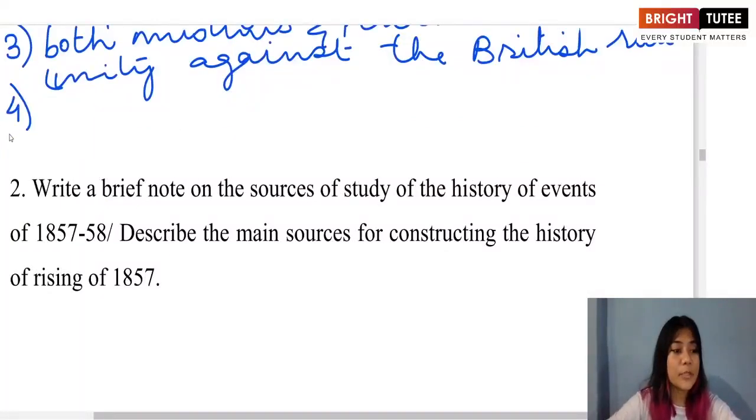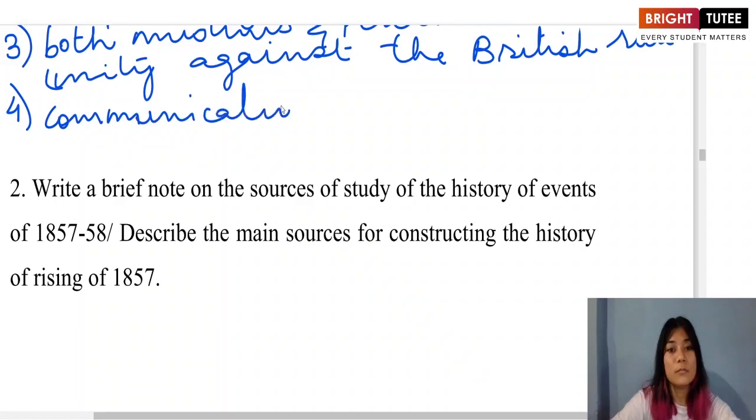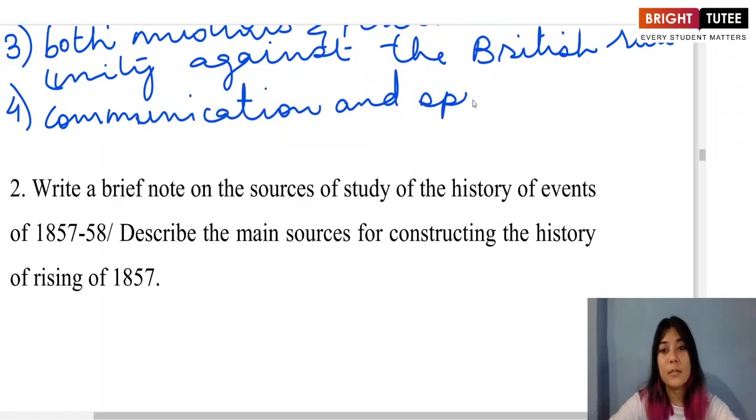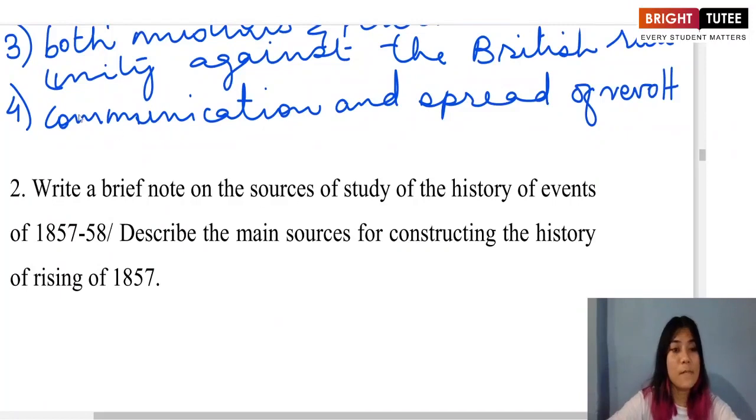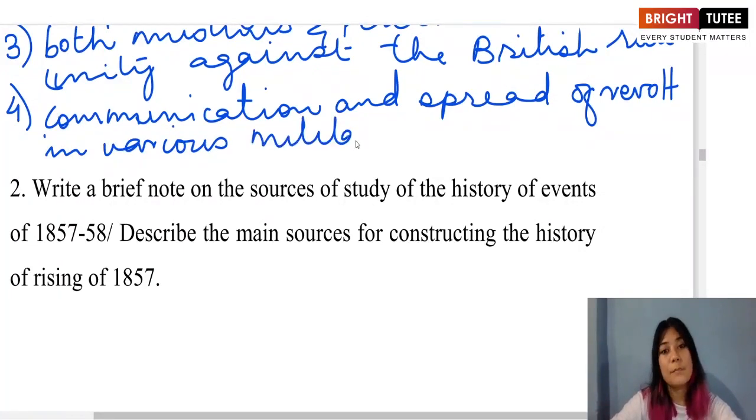The next point, communication and spread of revolt in various military cantonments.